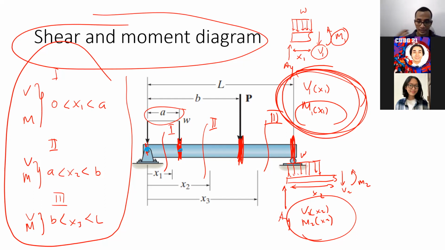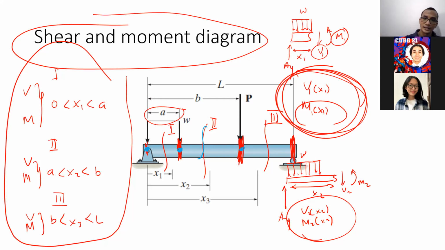Okay, region 2, I cut it here in the middle between this point and this point. You can see there is nothing between this point and this point. There is no force there, so most likely the equation will be continuous.